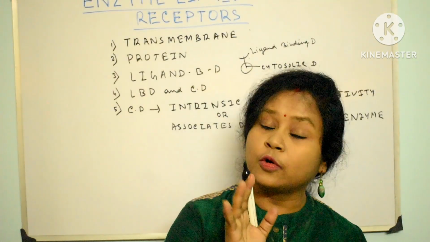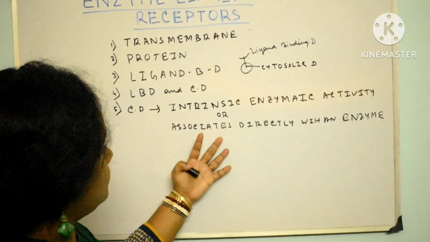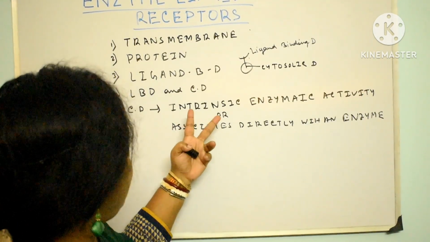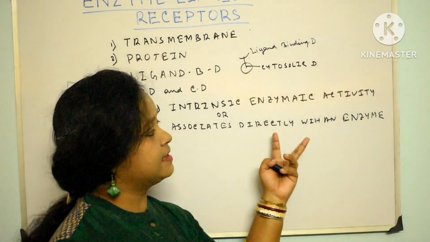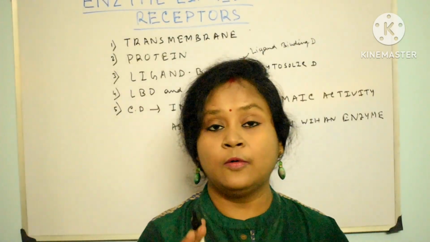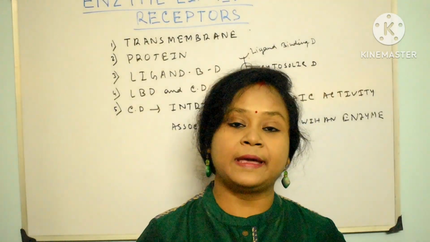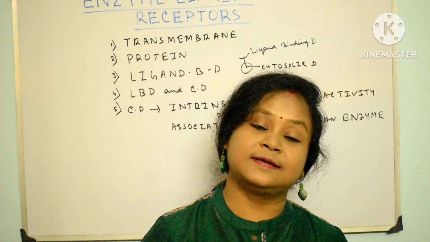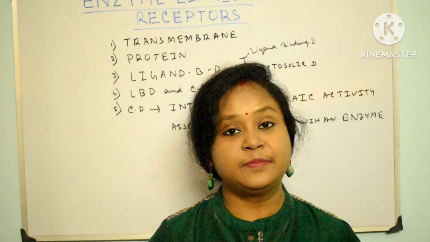That their cytosolic domain associated with a monomeric G protein, but in case of this enzyme linked receptor, the cytosolic domain, which remains inside the cell, has either an intrinsic enzymatic activity or it associates directly with an enzyme. Somehow it's related to an enzyme. Several classes of enzyme linked receptor have been identified, and I have already discussed all the types, with examples, in my previous lectures.